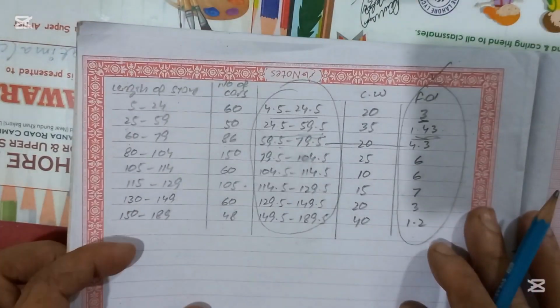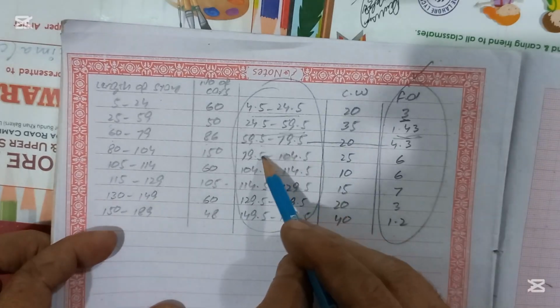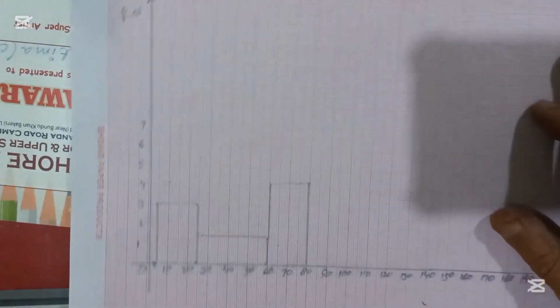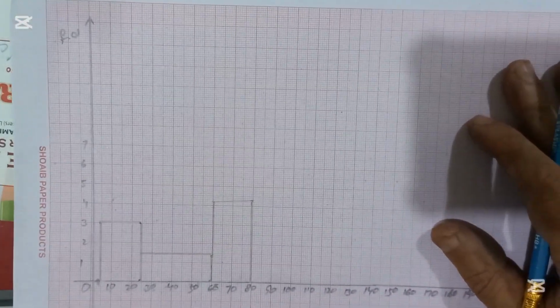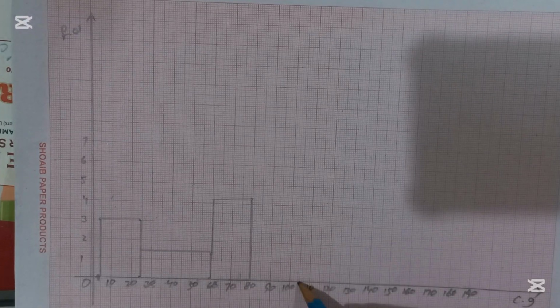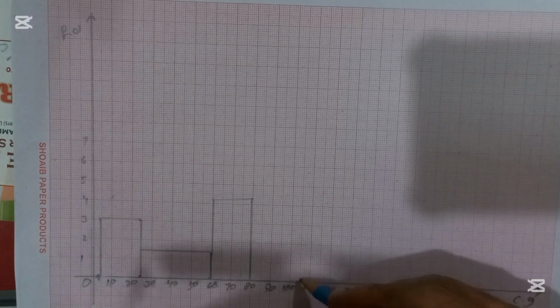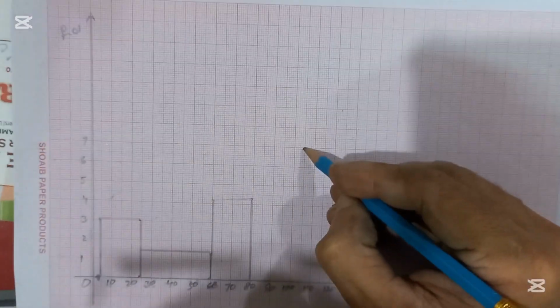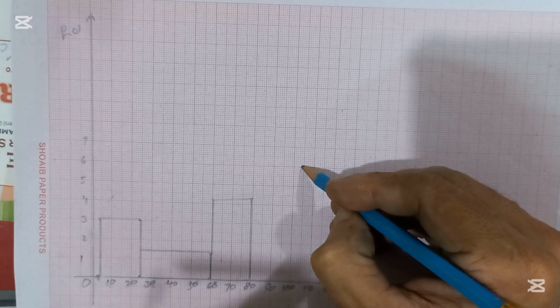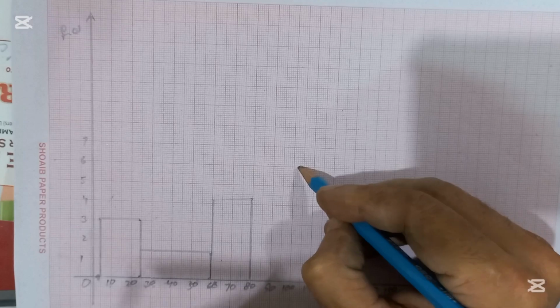The next is 79.5 to 104.5 and 6. So 104.5 is here, and the height is 6. So this is the point.